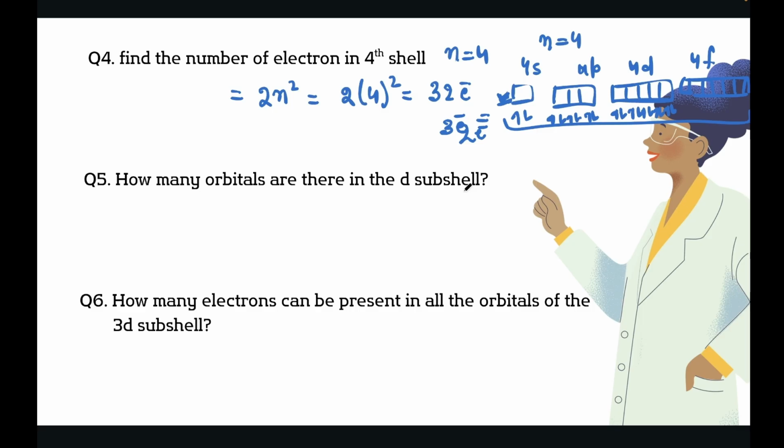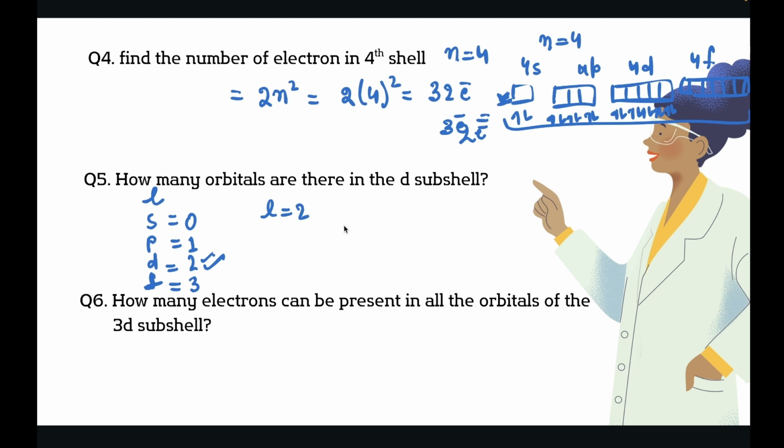Next question is, how many orbitals are there in the d subshell? As we know, for each subshell s, p, d and f, the value of l is 0 for s, 1 for p, 2 for d and 3 for f. For the d subshell, the value of l will be 2.